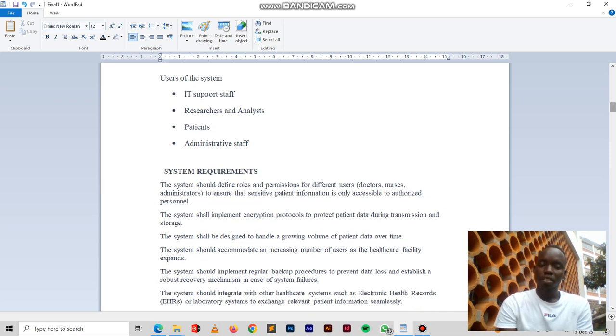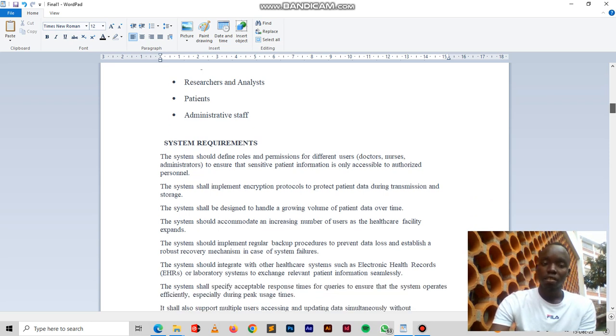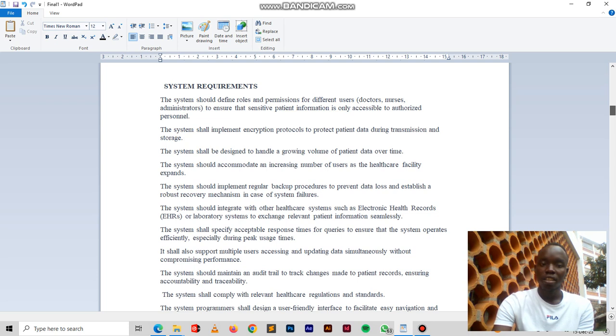System requirements. The requirements of the system are divided into five: system requirements, business requirements, user requirements, functional requirements, and non-functional requirements. And these are some of them. You can see the system requirements.